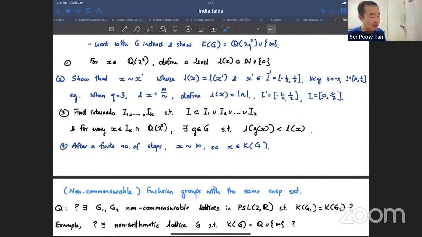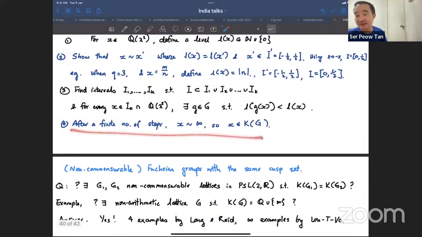So in the modular group case, we only needed one interval, but in the case of the other Hecke groups, this interval 0, half has to be divided into lots of different smaller intervals, and for each of these smaller intervals you have to find an appropriate element of the Hecke group that maps it to a new cusp with smaller level.